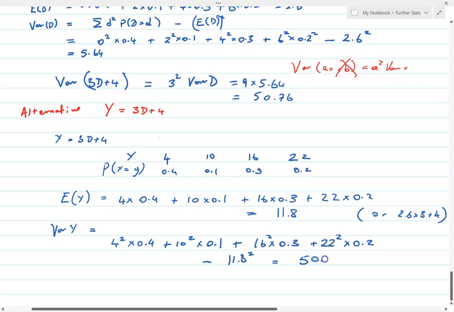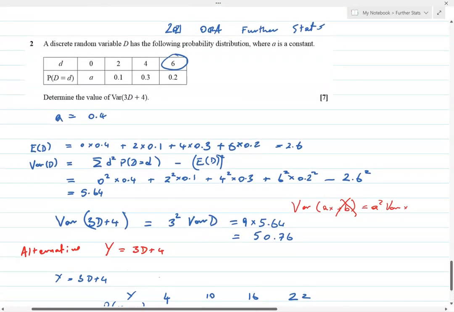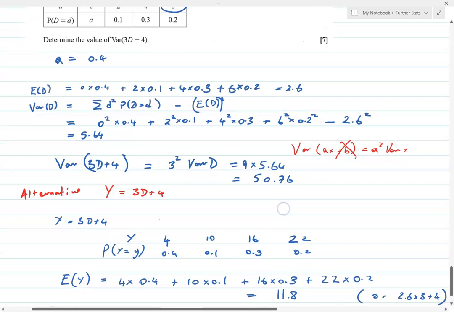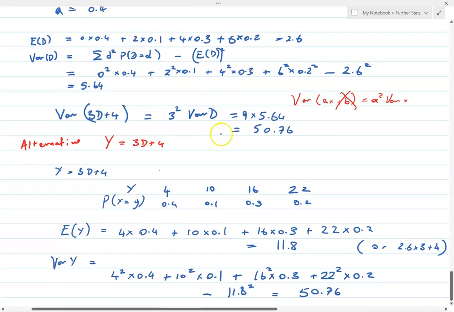You can check, 50.76. I'm in no way suggesting that is a better way of doing it. Because the numbers are smaller, I think it's quicker and easier to use the transformation, particularly with the 0 here. But it's a nice demonstration of how this works, because the main thing is to check that the plus 4 is dropped when you're using the linear transformation formula.